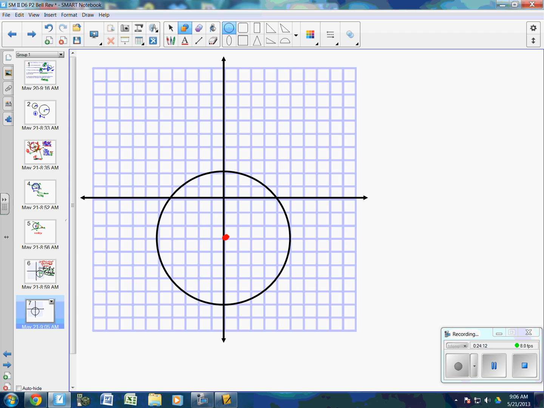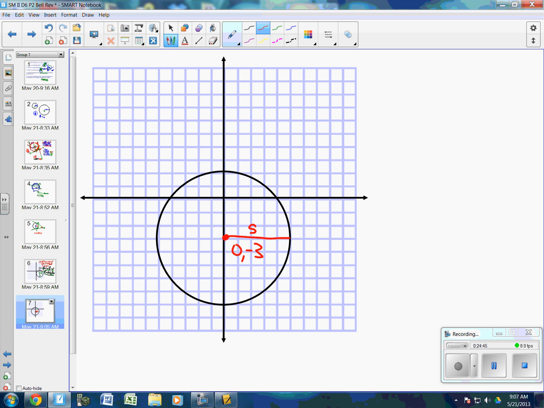Okay, right there, you guys. The center is at (0, negative 3). What's the radius of the circle? 5. You go out that way, that's 5 units. Raise your hand when you got it. The equation of the circle. Raise your hand if you got it.